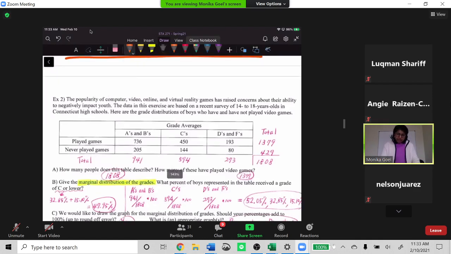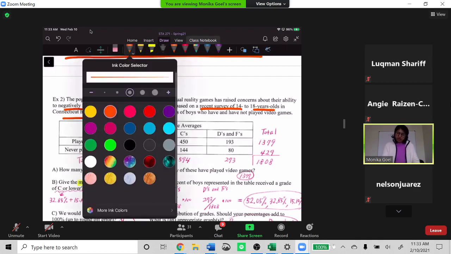So there is another example. The popularity of computer, video, online, and virtual reality games has raised concern about the ability to negatively impact youth. The data in this exercise are based on a recent survey of 14 to 18-year-olds in Connecticut high school. And here is the grade distribution of boys who have and have not played video games.